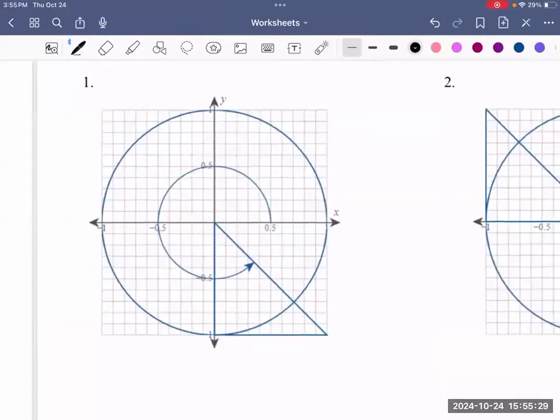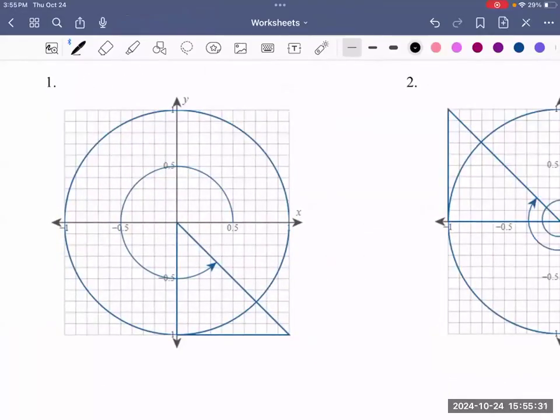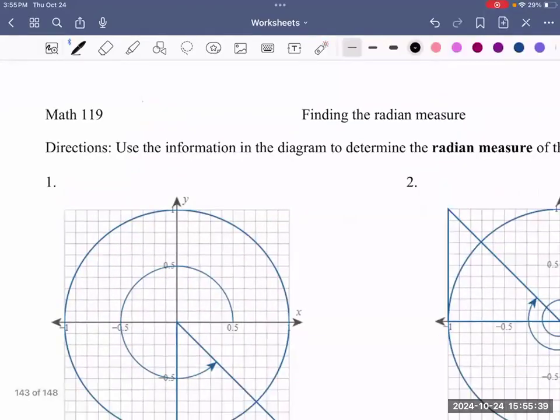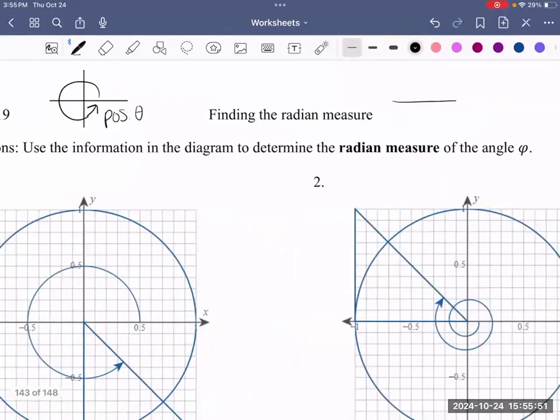So when it comes to the diagram, notice that there's not much context other than the direction of the angle. Now keep in mind, if it is going counterclockwise, it's going to be a positive angle, and the reverse is true.